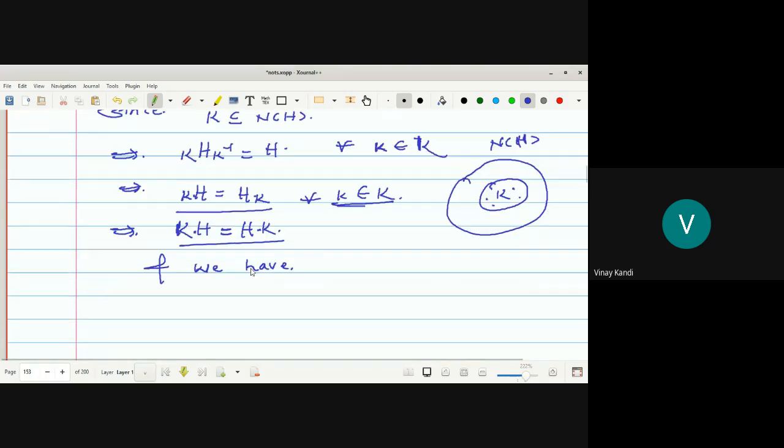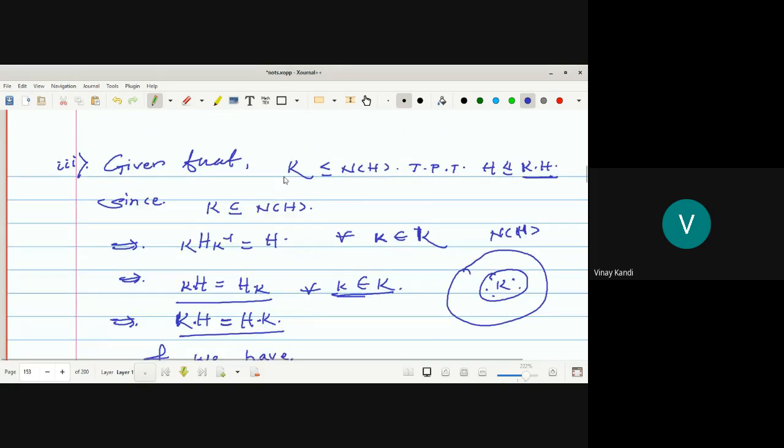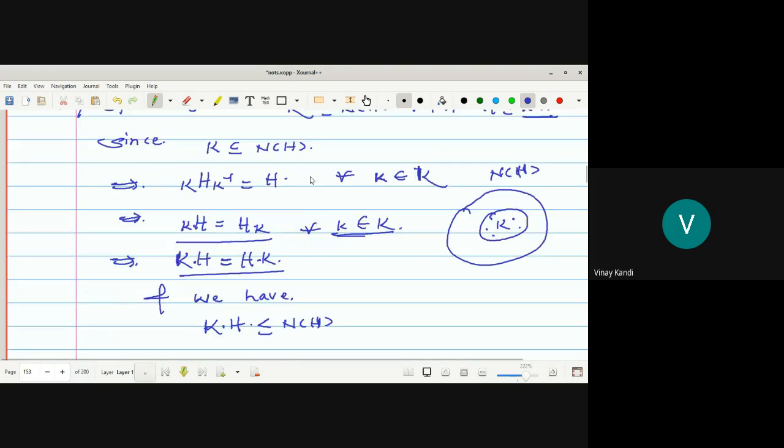KH, K into capital H, is a subgroup of the normalizer of H. K is a subgroup of the normalizer of H. So multiplying this, KH is equal to K into H, the product of two subgroups. K into H is again a subgroup of N of H. What is the reason?